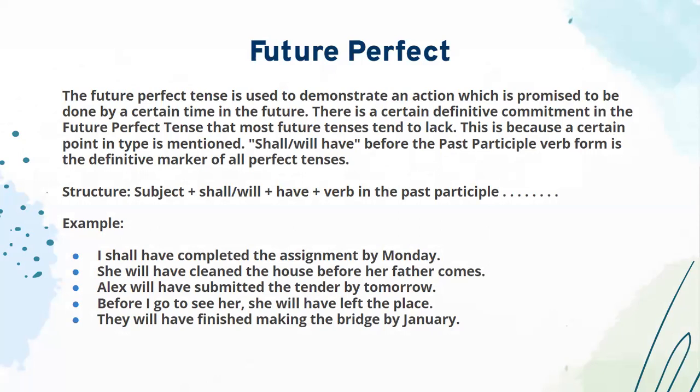But before we continue to talk about the structure, when we're talking about future tense, even if it's something promised, remember we are always talking about the future. So in the future, nothing is 100% promised or certain, okay?